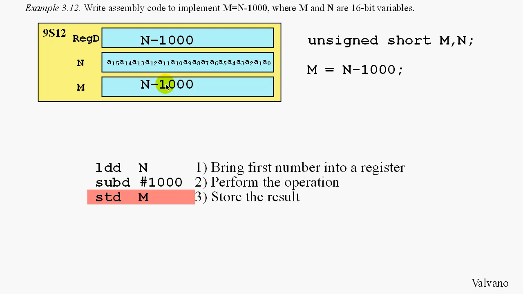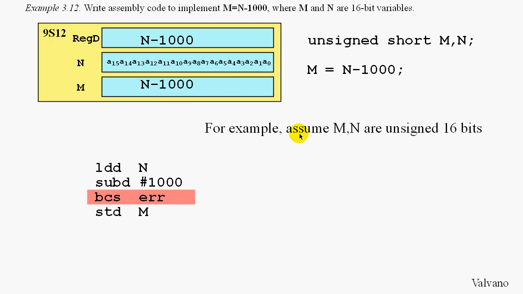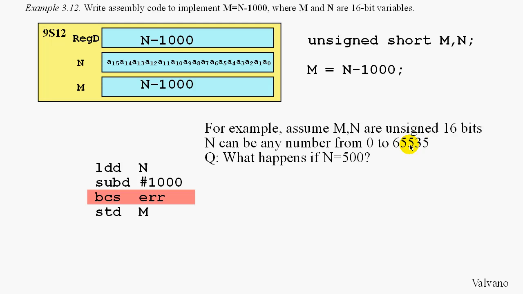But let's consider the problem of overflow. First, let's assume m and n are unsigned 16 bits. This means n could be any number from 0 to 65,535. For example, what would happen if n happened to equal 500 when we executed this software?